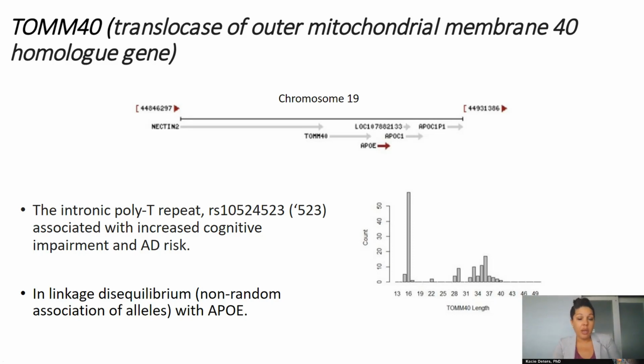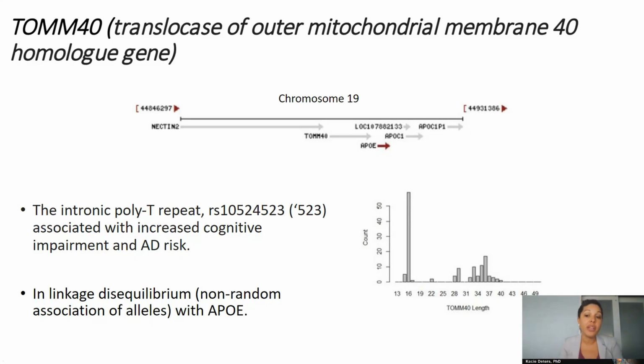Just upstream of ApoE is another gene called TOM40. TOM40 has a specific SNP, or single nucleotide polymorphism. It's that RS523 number there. And this codes for T's. So at this location, you just have T's, just a lot of T repeats.